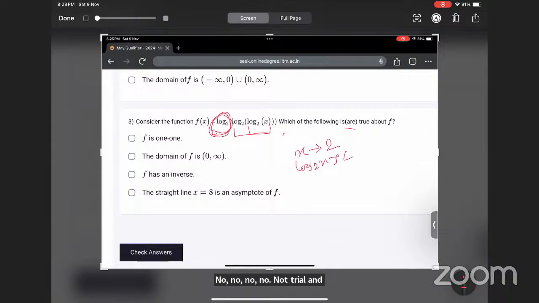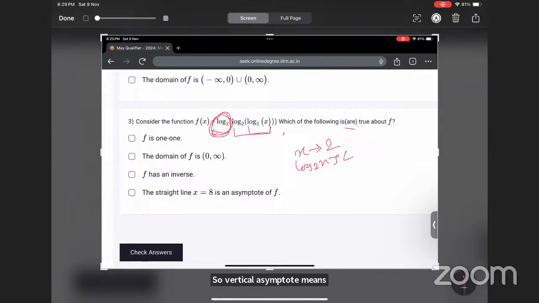See, this is a basic observation: you have to check the boundary points if you have an exponential or logarithmic function. For an exponential function, we will find a horizontal asymptote.